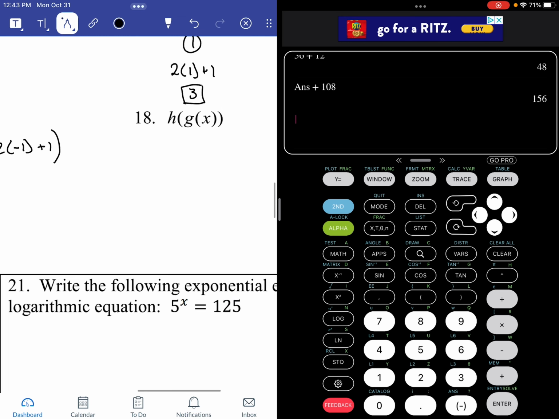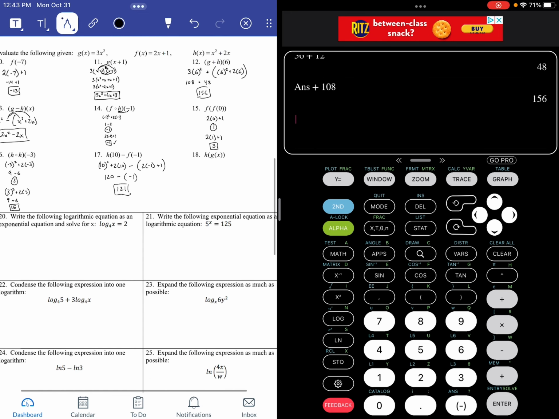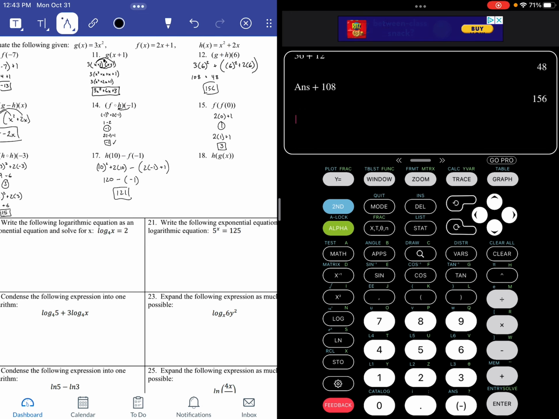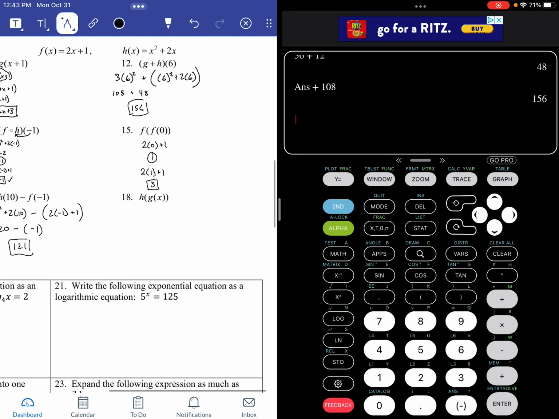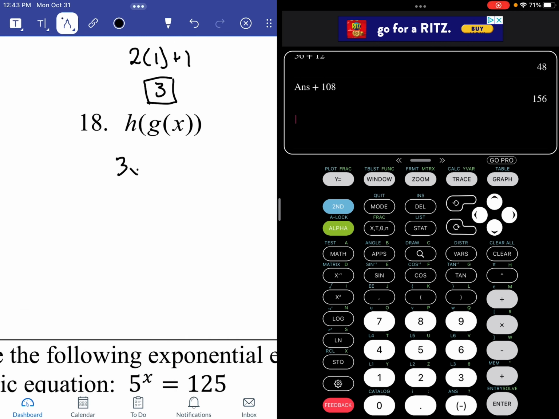Last one of these, you're putting x into the g function, which doesn't change it at all. So we still have 3x squared. I'm going to put that value into the h function. So we're going to have 3x squared, squared, plus 2 times 3x squared.